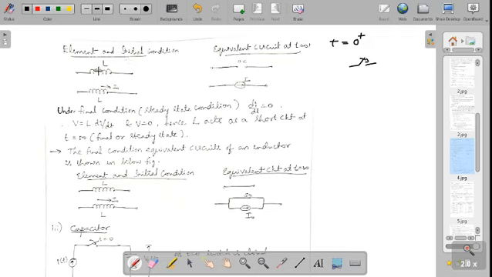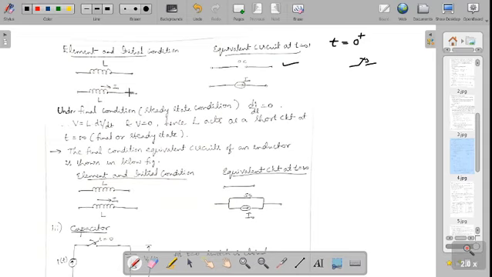If you are given an inductance and the power is applied and the switch is closed, immediately at t equal to 0 plus, the inductor acts as an open circuit.